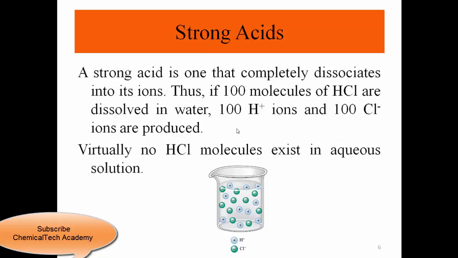A strong acid is one that completely dissociates into its ions. Thus, if 100 molecules of HCl are dissolved in water, 100 H+ or proton ions and 100 Cl- ions are produced. So virtually no HCl molecules exist in aqueous solution. After dissociation, no original molecules remain in the solution.